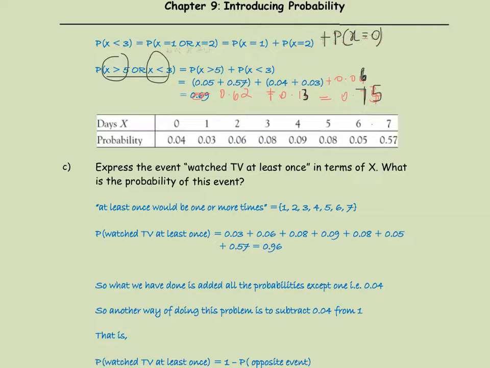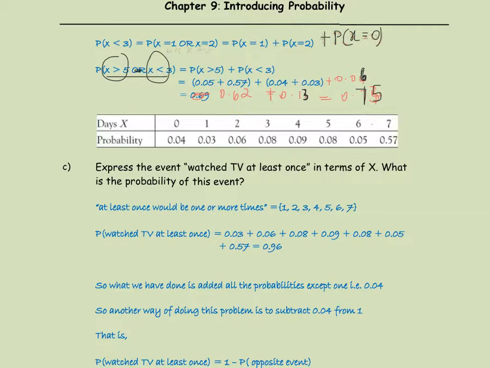If a number is greater than 5, then it definitely cannot be less than 3 as well. So all we have to do is add the probabilities of the two individual events to get the probability of x greater than 5 or x less than 3.